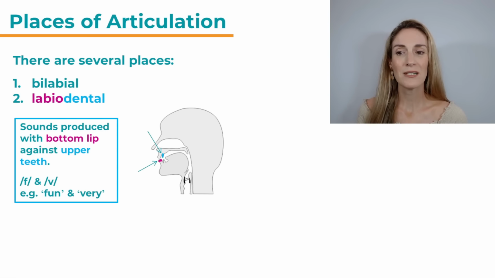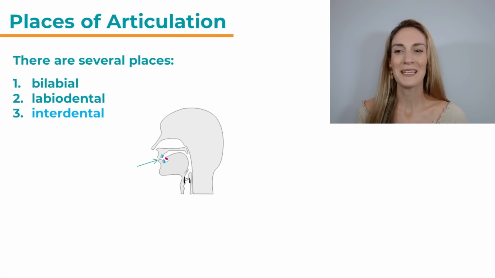So the sound is produced with the bottom lip against the upper teeth. For example, F or V. And you can actually see my teeth when I form the sound V. So we have two example words, F in fun and V in very.